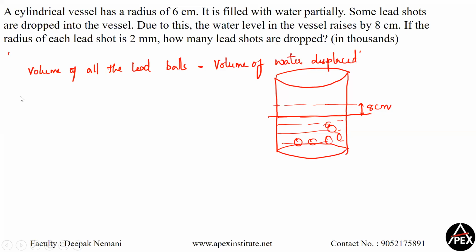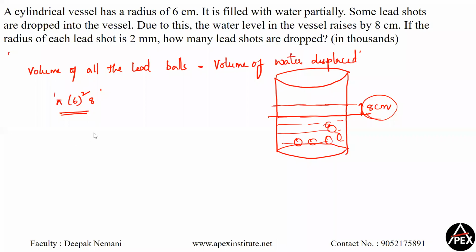So the volume of all the lead shots dropped in the vessel should be equal to the volume of the water displaced. So how will you find the volume of the water displaced? Pi r square h. What is the radius of the cylindrical vessel? Pi into 6 square into, okay, how much height did the water level increase? 8 centimeters, isn't it? So pi into 6 square into 8 will be equal to the volume of water displaced. Equate it with the volume of all the lead shots and find the number of lead shots.